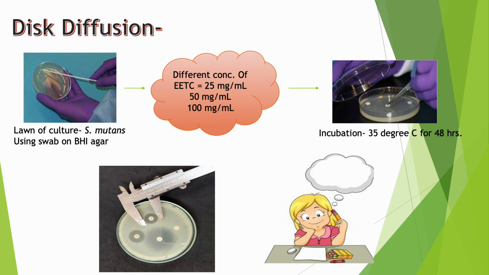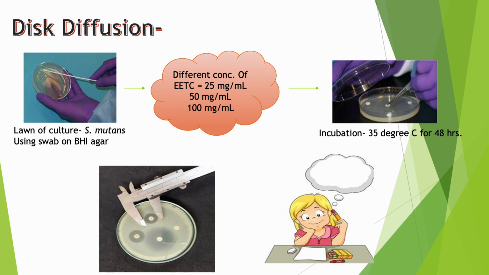By dipping each disc in each different concentration of EETC and putting it on top of the BHI agar having the lawn of Streptococcus mutans, we incubate it at 35 degrees Celsius for 48 hours in order to check the susceptibility or resistance of Streptococcus mutans against the EETC, that is the antibiotic that we added, the ethanol extraction of Terminalia chebula.